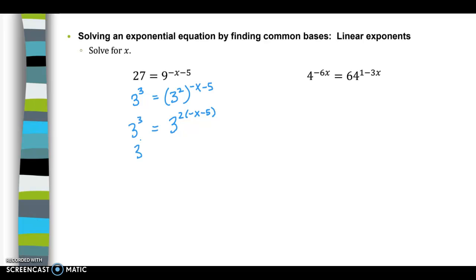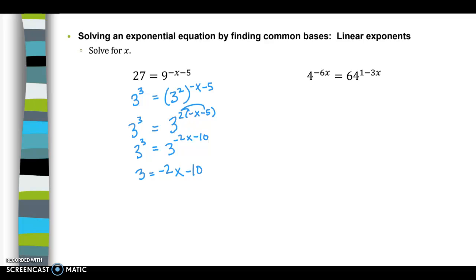So we're going to keep this 3 cubed, and then we're going to distribute this 2 in. So this is 3 to the negative 2x minus 10. Now we have the same bases, which means we can set the exponents equal to each other. So 3 equals negative 2x minus 10.